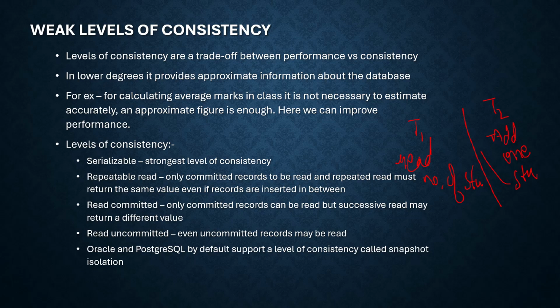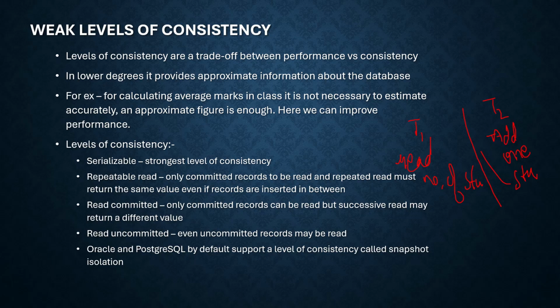In the concurrency control scheme, it will try to put a lock, but it will not be able to put a lock on the number of students, because the other transaction already has a lock, so this transaction will be on hold. It is not necessary to put a hold on it, because we don't want to maintain consistency here. This example shows that maintaining consistency is not that big a requirement.